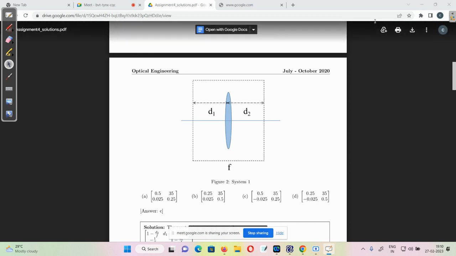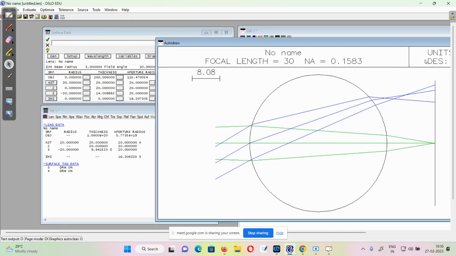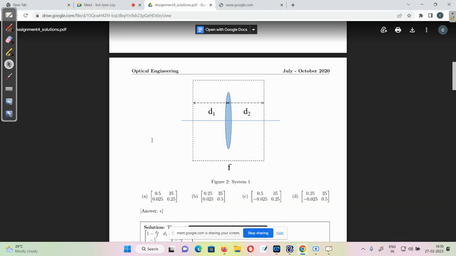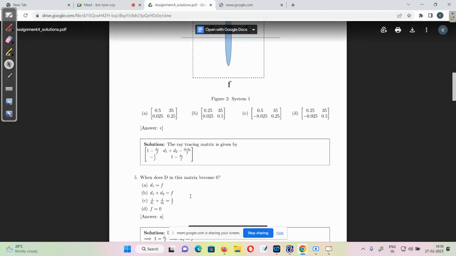So if you put arbitrary distances like d1 and d2 with that lens, and solve as it is, you are going to get this ray tracing matrix: 1 minus d2 by f, where d2 is that distance, then d1 plus d2 minus d1 d2 by f, minus 1 by f, 1 minus d1 by f.